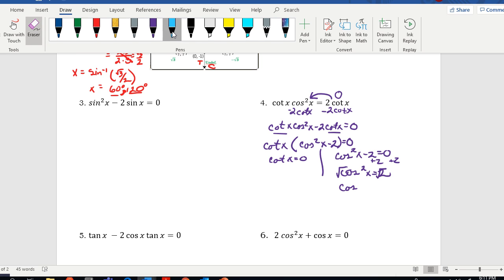Didn't mean to do that. Just so you know, this square root and that squared undo each other. All right, so cosine x equals, be careful that you get a plus or minus in here, square root of 2. Why don't I like that? I want it to be the square root of 2 over 2.